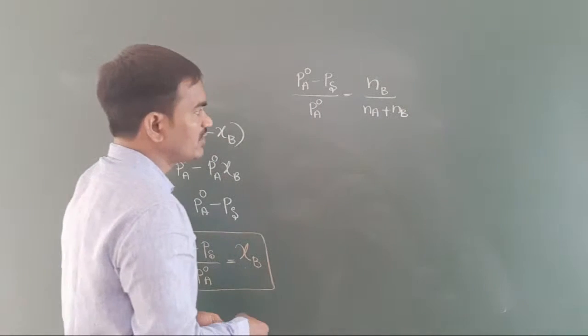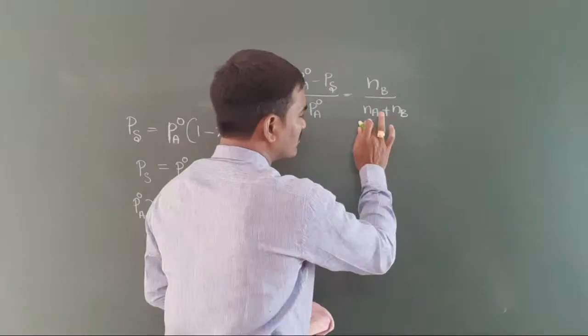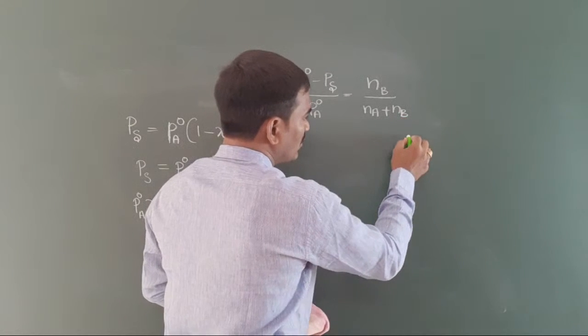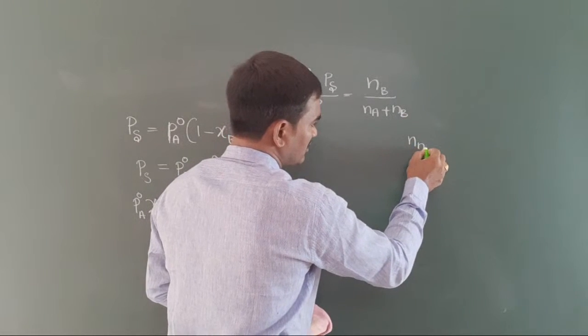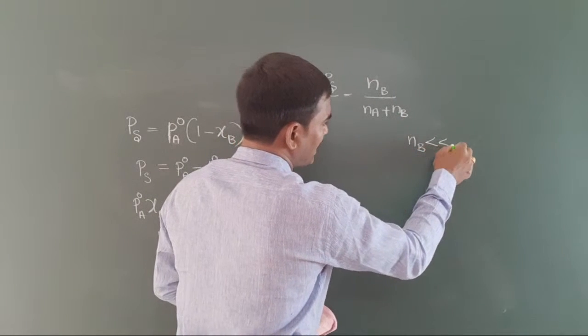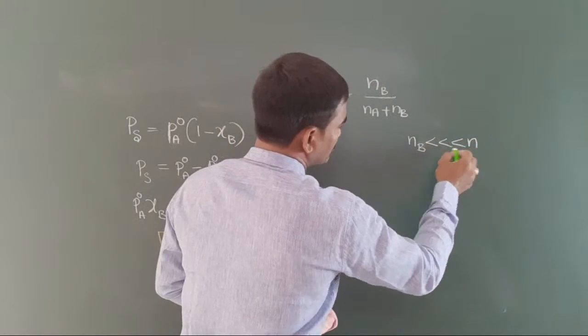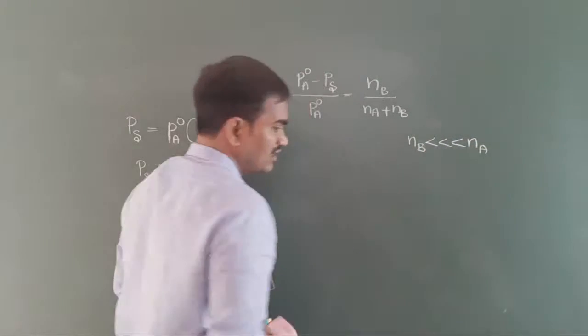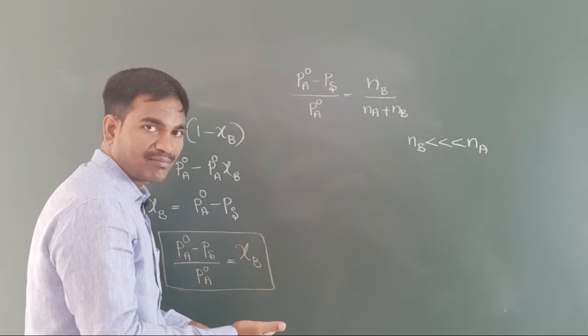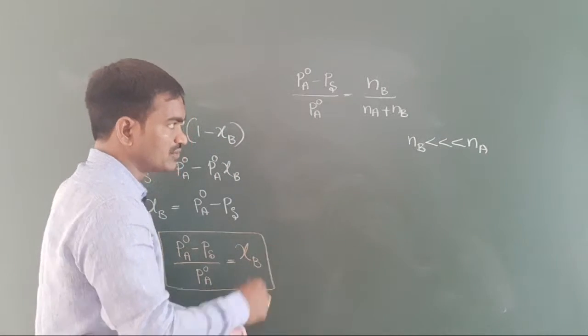Now what we are doing is very simple. Here I am taking a dilute solution. Whenever you take a dilute solution, the number of moles of B when compared to the number of moles of A, the solvent, the number of moles of solvent is very high when compared to the number of moles of solute.